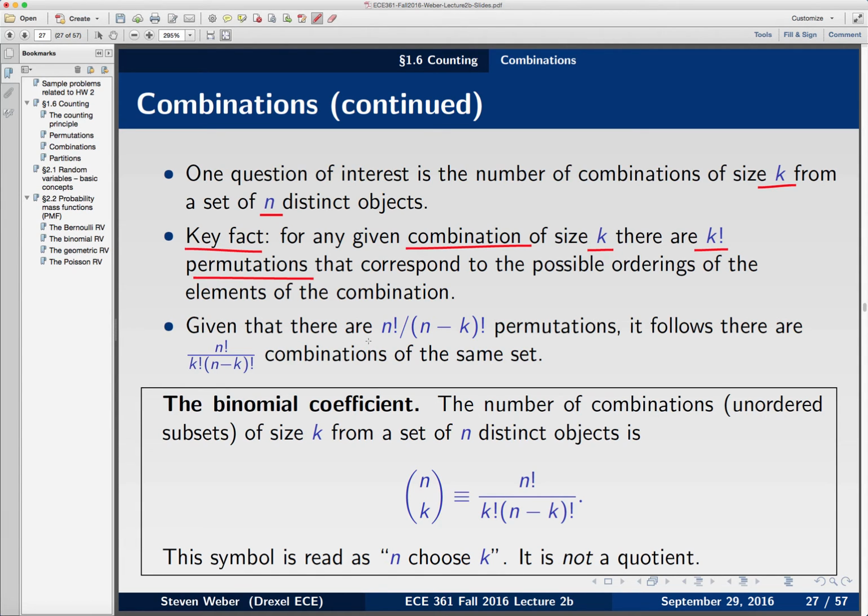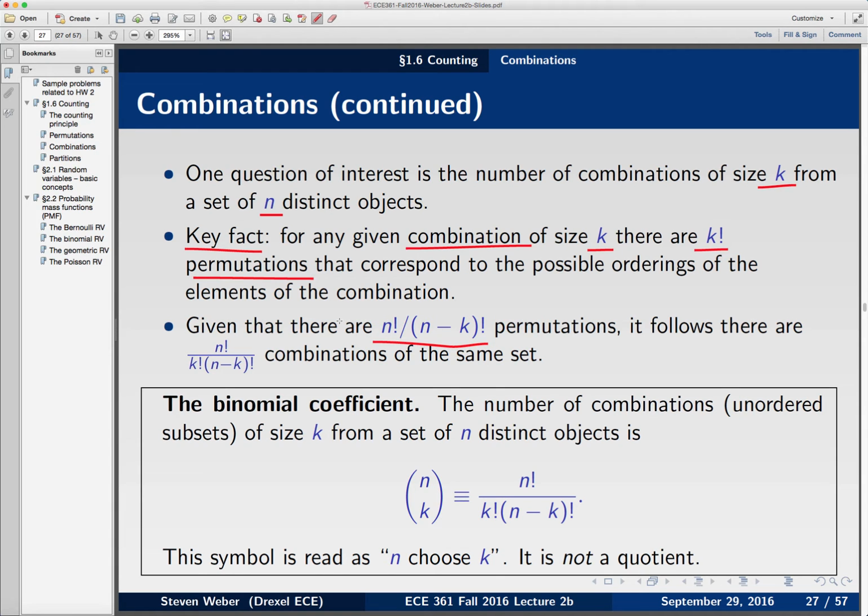So, recall that there are n factorial over (n minus k) factorial k-permutations, and for each one of those, k factorial permutations corresponding to a given combination. Therefore, to obtain the number of k-combinations, I'm going to take the number of permutations and divide it by k factorial.